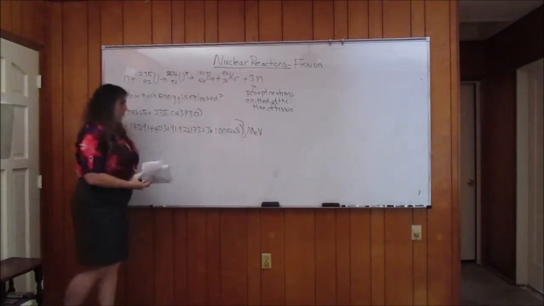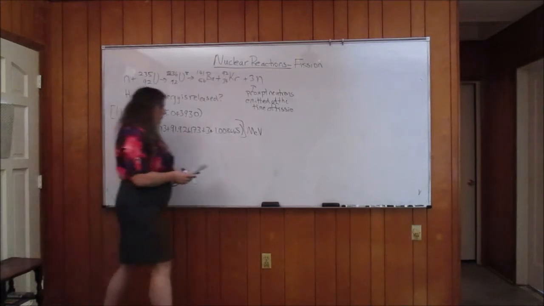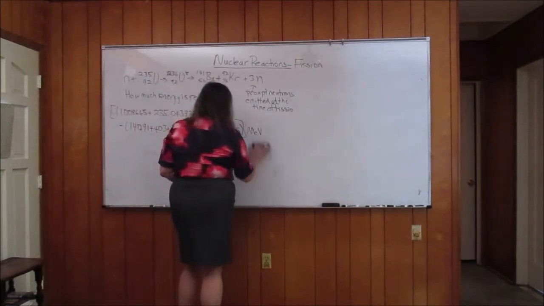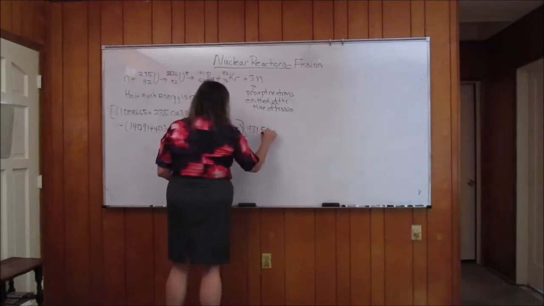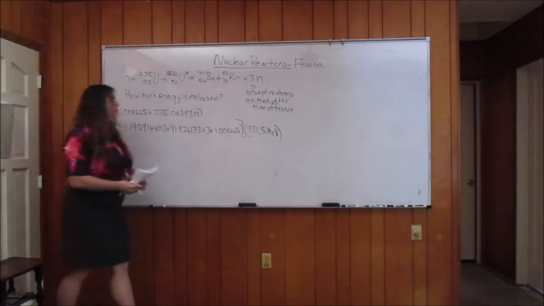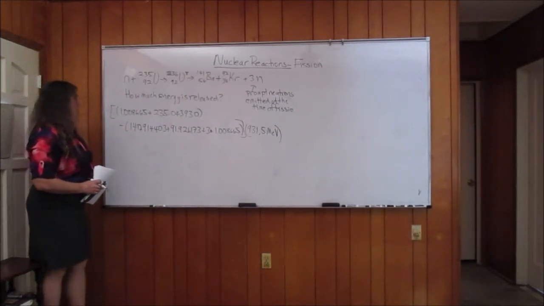And as usual, of course, these are in atomic mass units, and you're going to multiply by a conversion factor, which gets rid of the atomic mass units, times c squared. It results in basically multiplying by 931.5 mega electron volts.